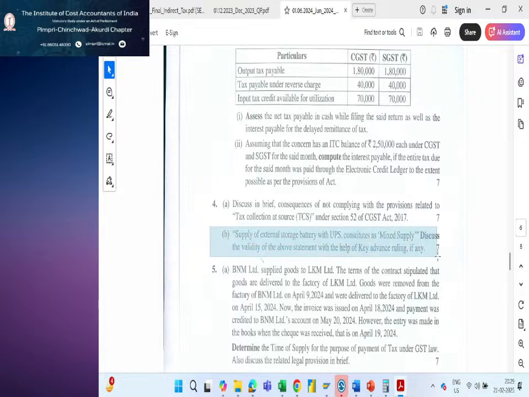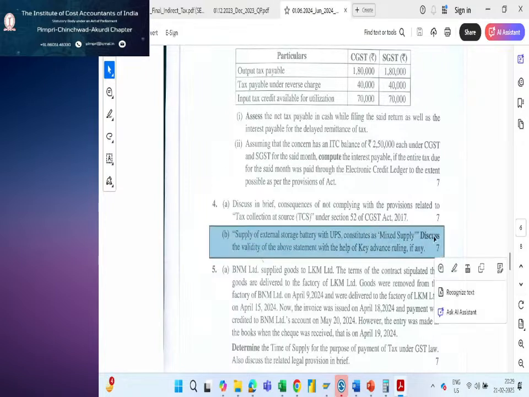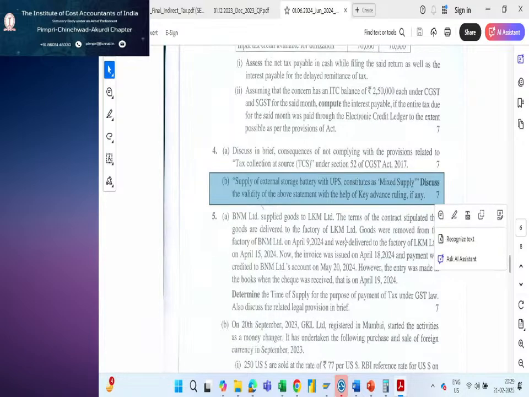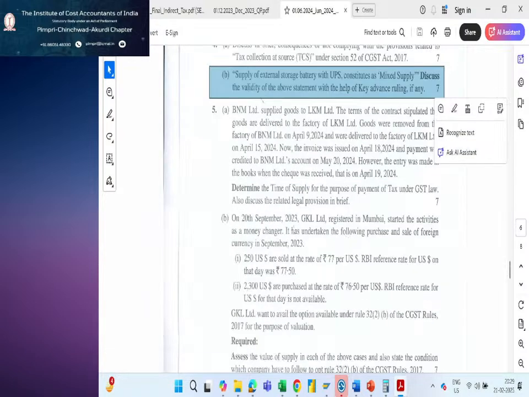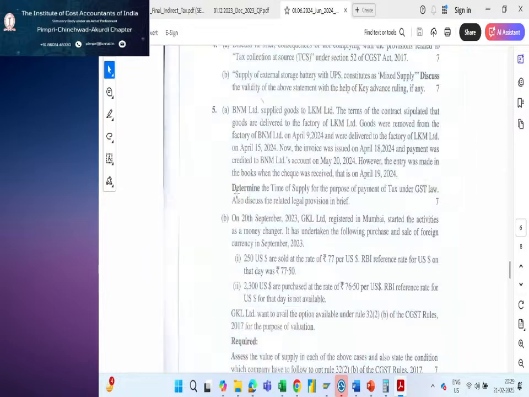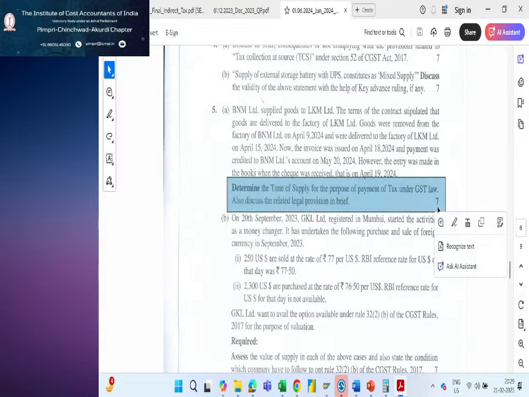See, if you see here, mixed supply related questions have been continuously asked. So here also time of supply, if you see, it is for 7 marks.